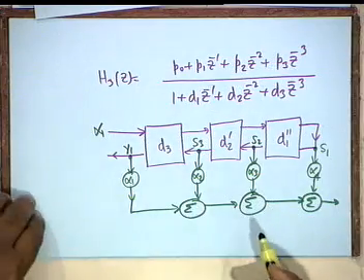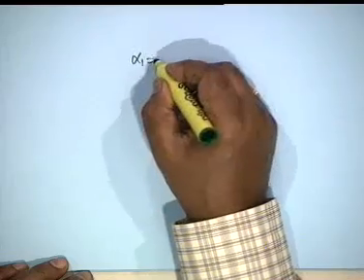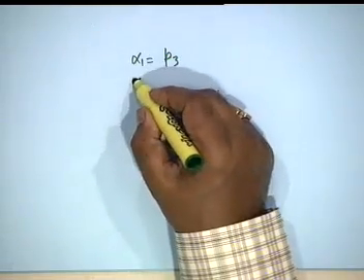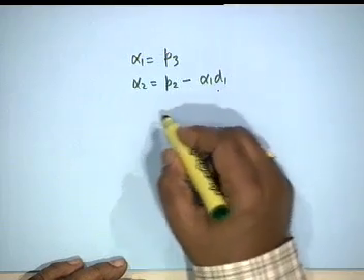So, you can find out the required coefficients alpha 1, alpha 2. Please do verify that these coefficients are alpha 1 equal to P3. Okay, I am now going the other way around. Alpha 2 is equal to P2 minus alpha 1 D1.